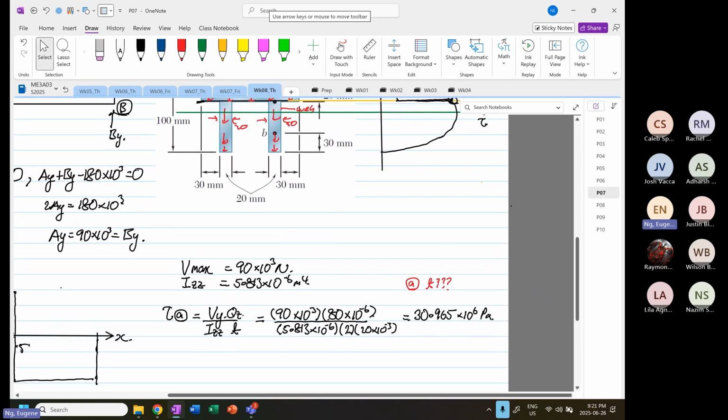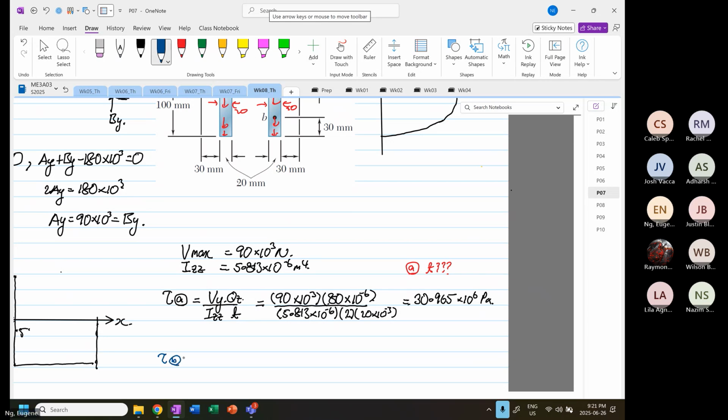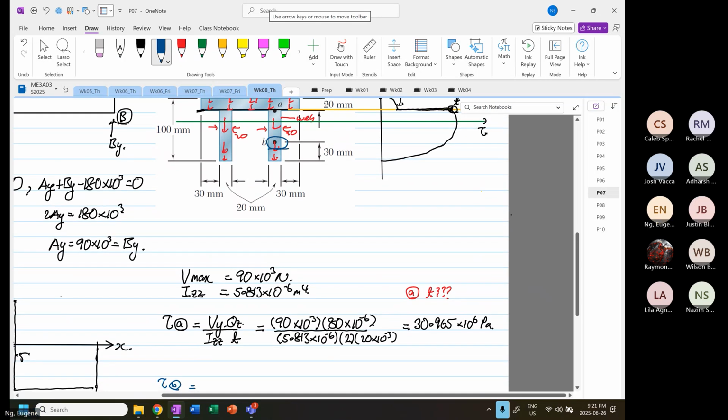The next thing that we are going to do is find the shear stress at point B now. Again, point B is over here. Yes or no?